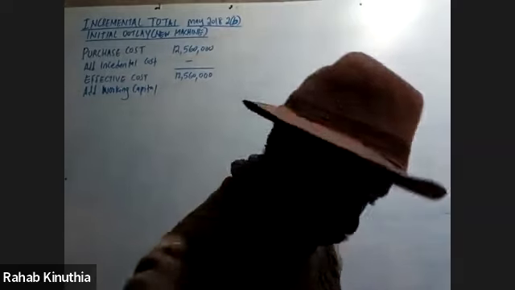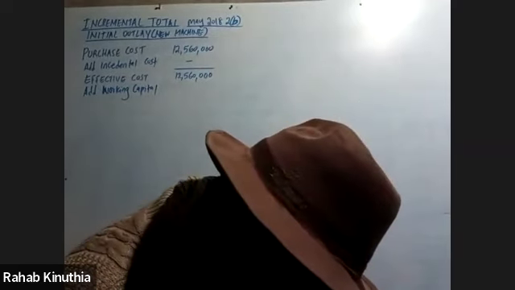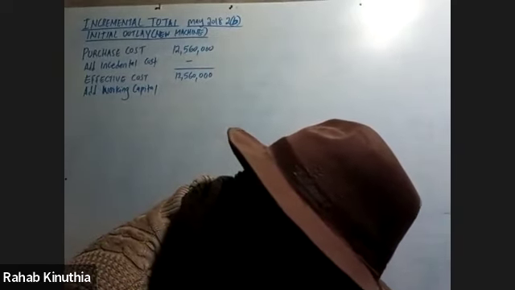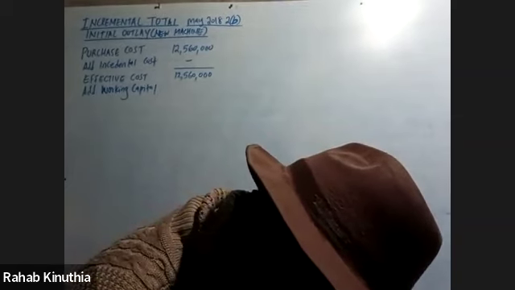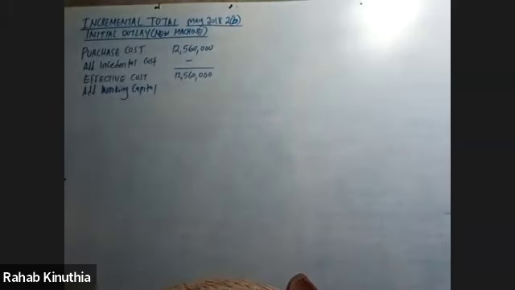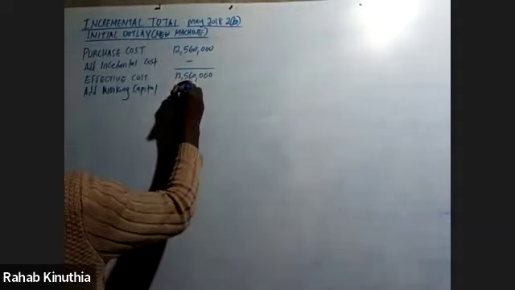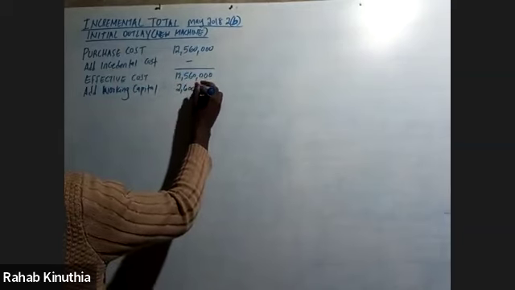Now we add working capital from the question. So from the question, you can clearly say that additional investment of working capital of 2.6 million will be required. So 2.6 million, which is 2,600,000.